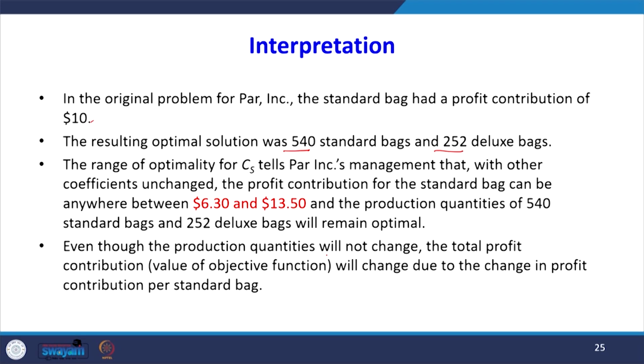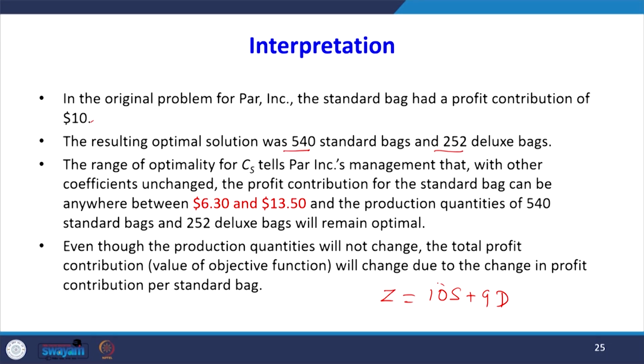Even though the production quantities will not change, the total profit contribution, that is the value of the objective function, will change due to the change in profit contribution of standard bags. What is our objective function? Z equal to 10S plus 9D.